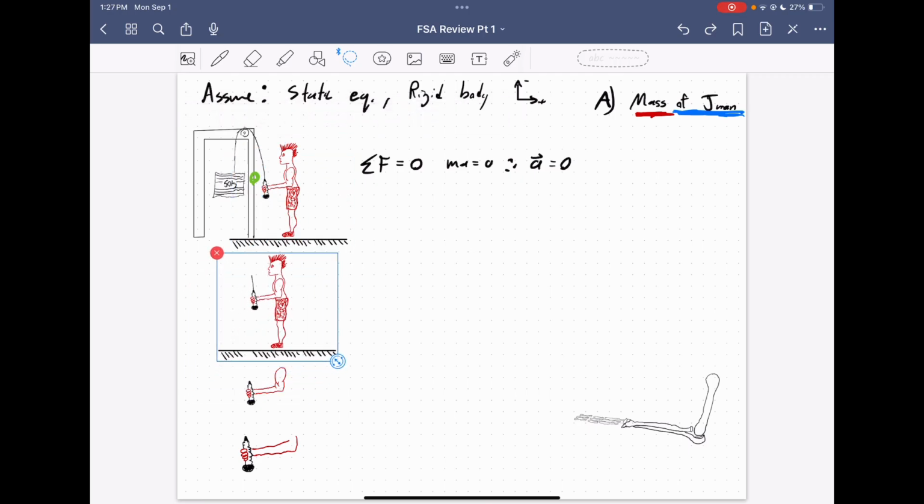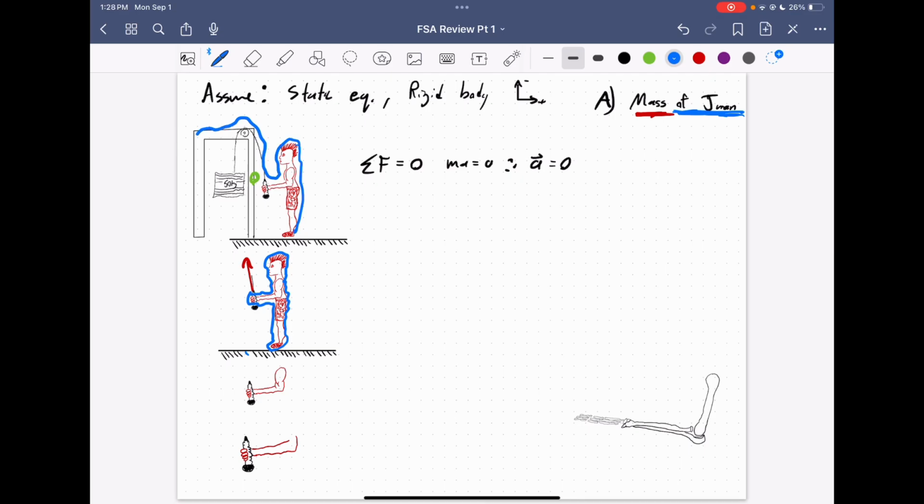Right? And now we can have Jimothy as our system. Again, a frozen block of ice. And what's an external force acting? Well, now this pulley. Before, when we had the system as all of this, right, we do have a force here acting this way on the pulley.